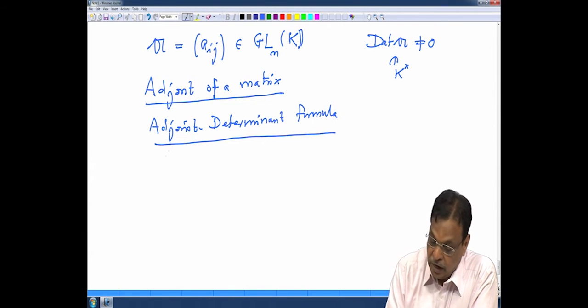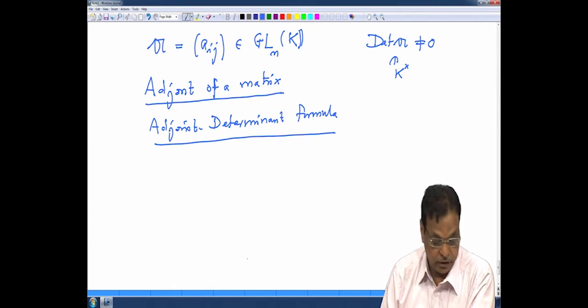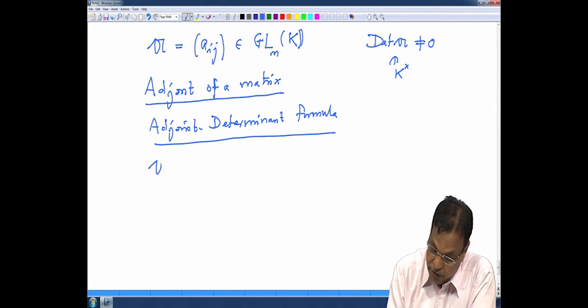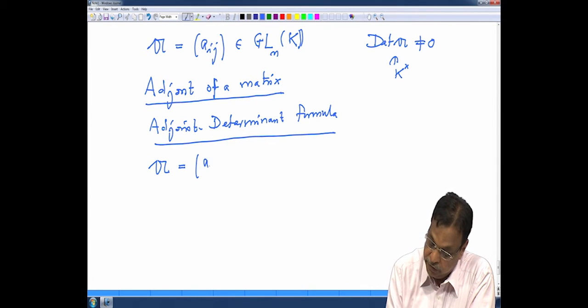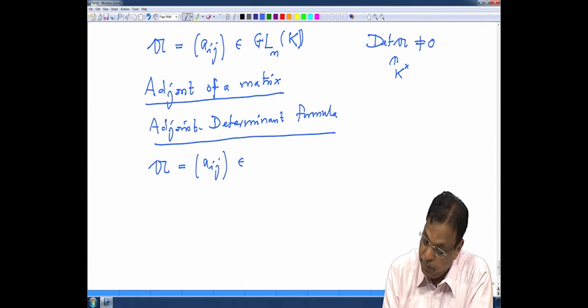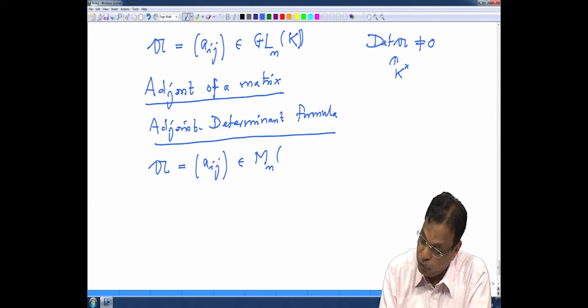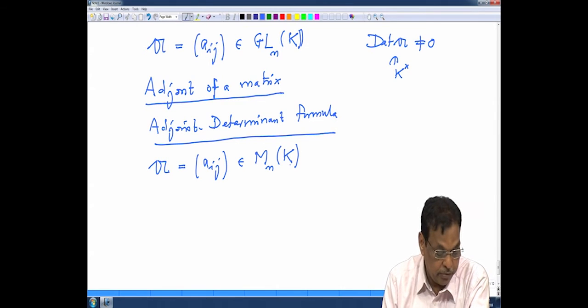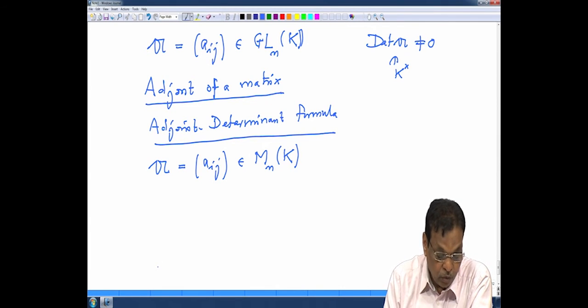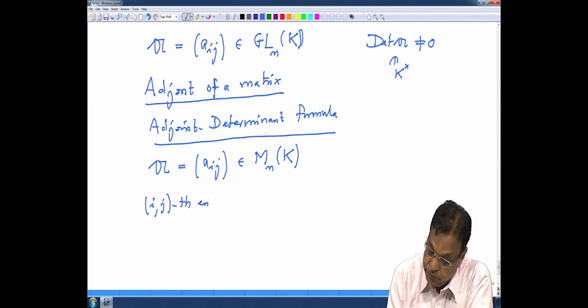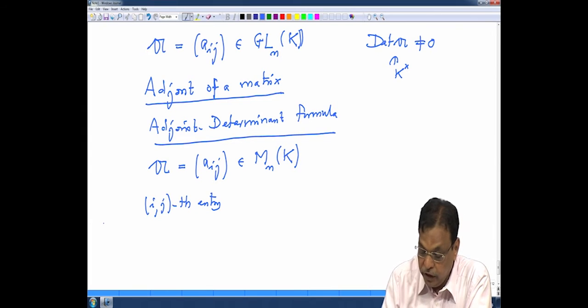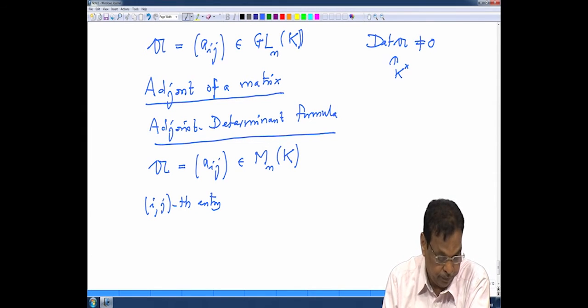So, I am now preparing to define the adjoint of a matrix. So, start with the matrix A. The adjoint of a matrix is always defined for a square matrix. So, start with the matrix A equal to Aij, an n cross n square matrix, and what I do is I fix the ijth entry. That means I fix the ith row and jth column.